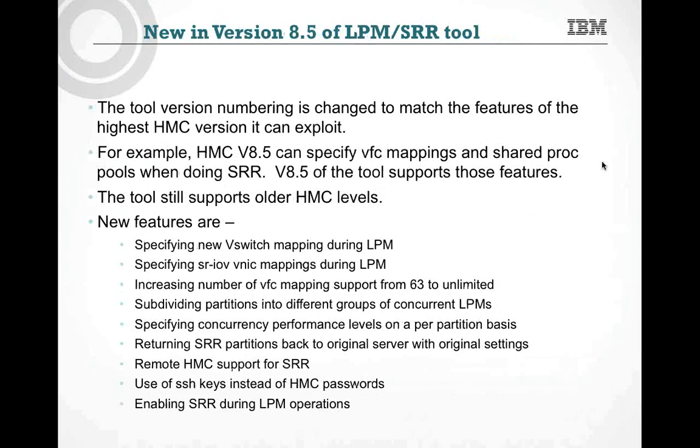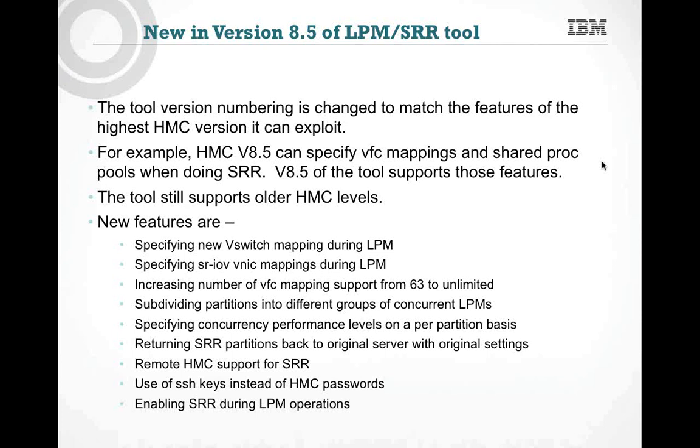So there is a new version of the tool. We've decided to name the version of the tool after the HMC level, the highest HMC level that we will support, or that we understand the capabilities of. So the 850 HMC, which is really version 8 with these 8.5, you know, HMC number, has all these new features we've talked about in the last hour.